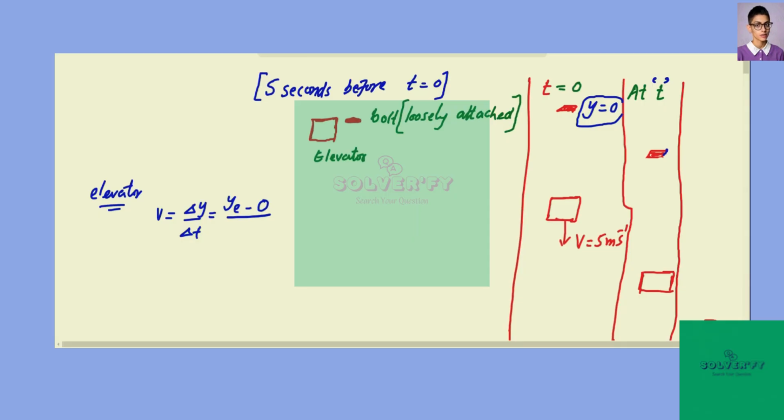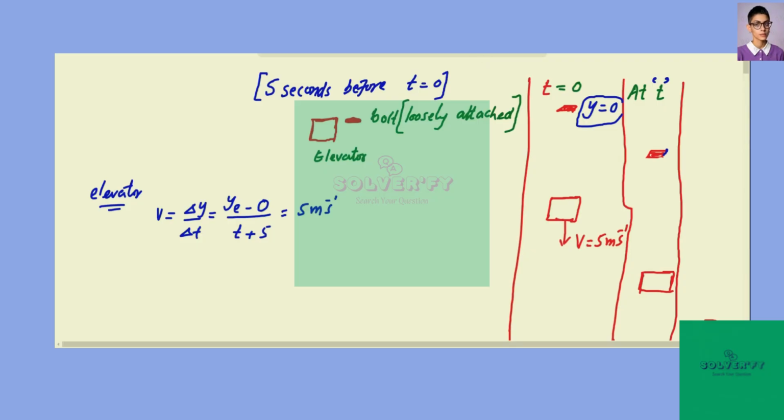at time equal to t seconds, as we are given that the elevator passes through the loosely attached bolt 5 seconds before the start of motion of the bolt. So we will have time here t plus 5, as we are given the speed of the elevator is 5 meter per second.